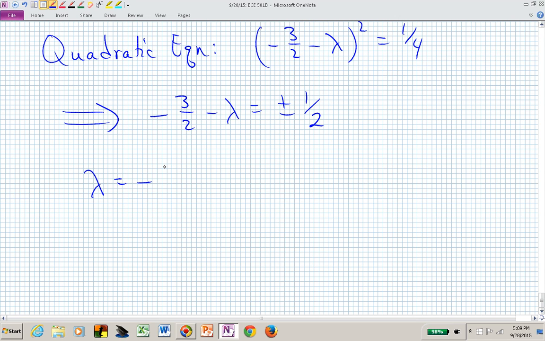Lambda is minus 3/2 minus or plus 1/2. That's minus 3/2 minus 1/2, which is minus 2, and minus 3/2 plus 1/2, which is minus 1. So I have a minus 1 and a minus 2. That silly B matrix had the same eigenvalues that we had in the previous two, A1 and A2. What are the eigenvectors?